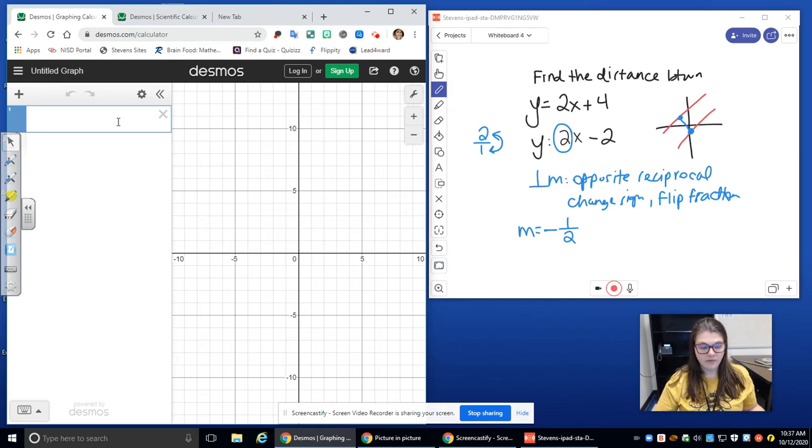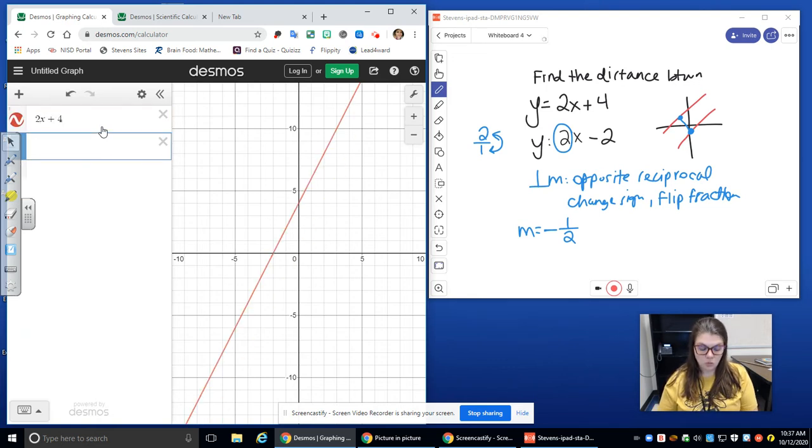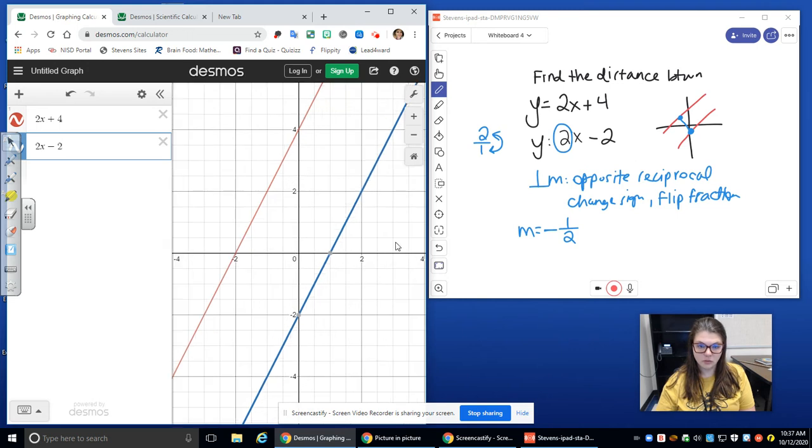So where this graphing part comes in, I'm going to take each individual graph and put them into my graphing calculator. So we have y equals 2x plus 4, and then y equals 2x minus 2. Again, this looks somewhat similar to this little graph that I sketched out.